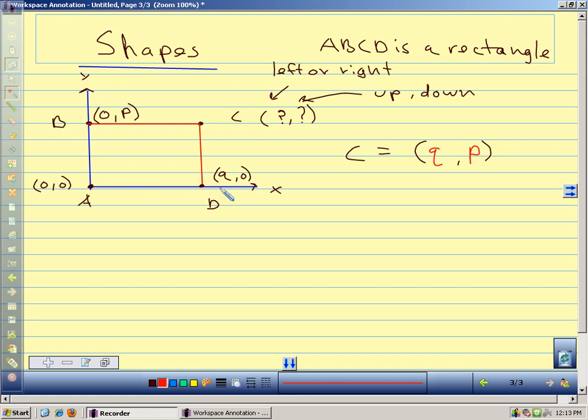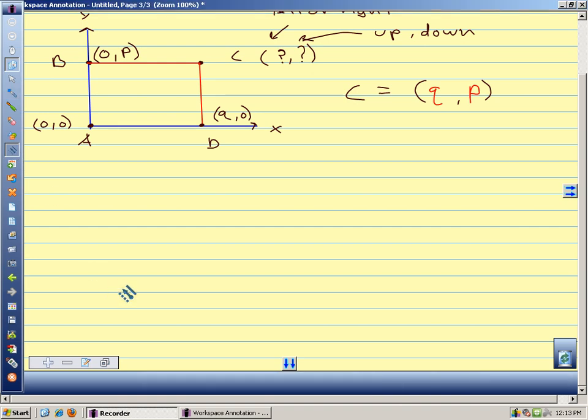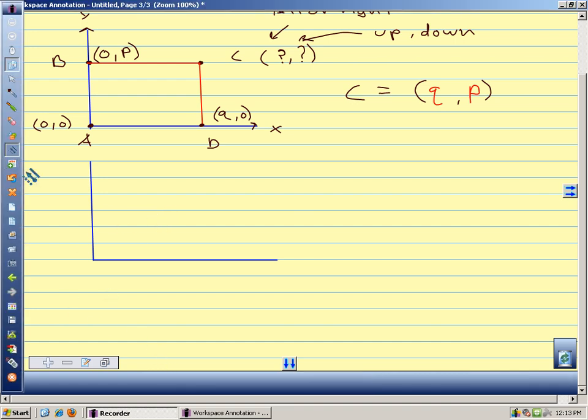Let's look at one that's a little trickier. We're going to look at a parallelogram. So here are my axes for my parallelogram, and I'm going to draw my parallelogram in red.